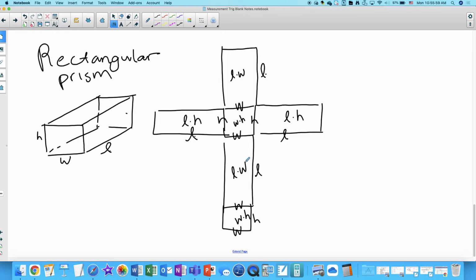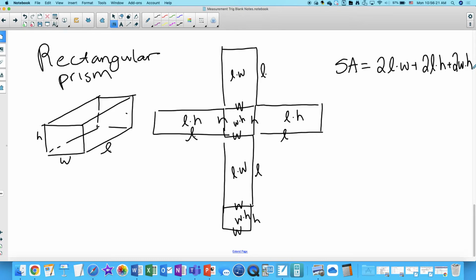So all together, there's 6 faces, but they come in pairs. So I've got 2 length times widths, 2 length times heights, and 2 width times heights. And that's the surface area of a rectangular prism.